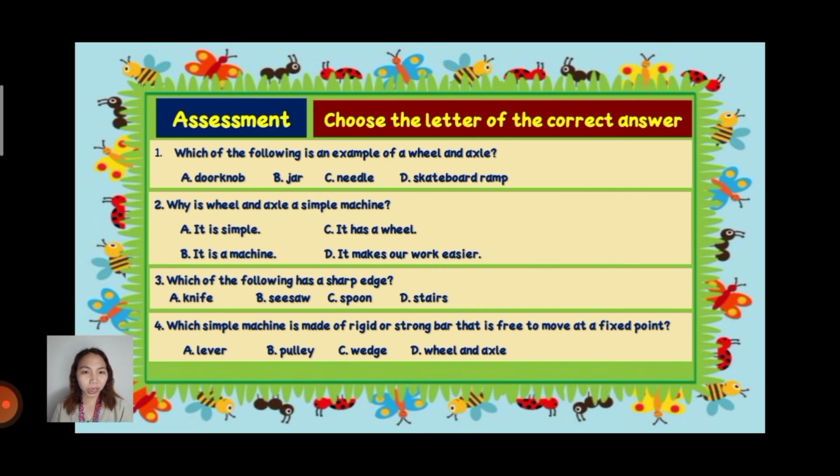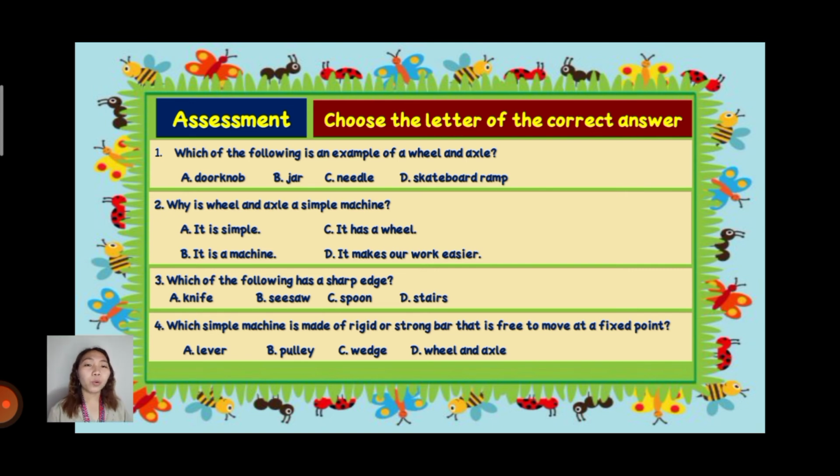B, it is a machine. Letter C, it has a wheel. Or letter D, it makes our work easier. Okay, number 3. Which of the following has a sharp edge? A, knife. B, seesaw. C, spoon. Or letter D, stairs.